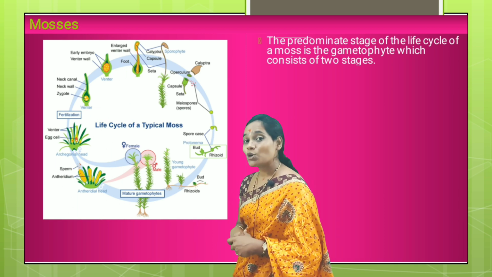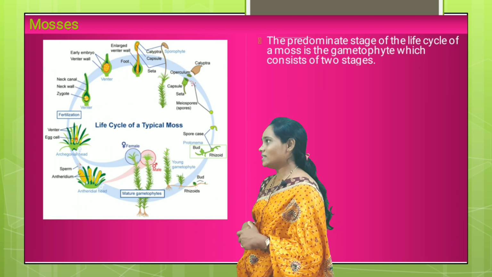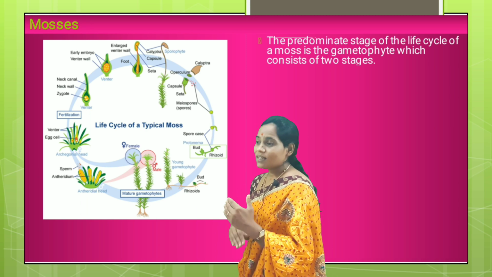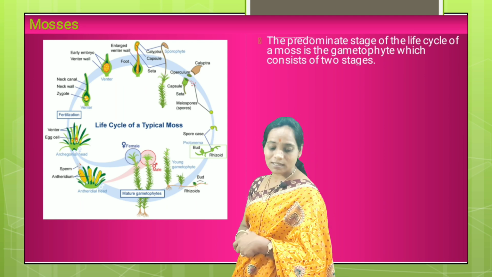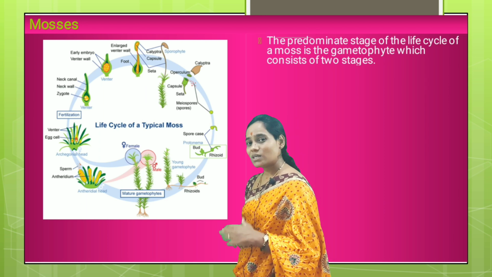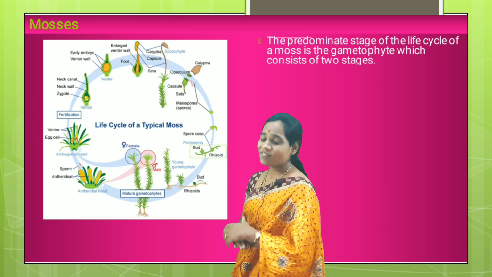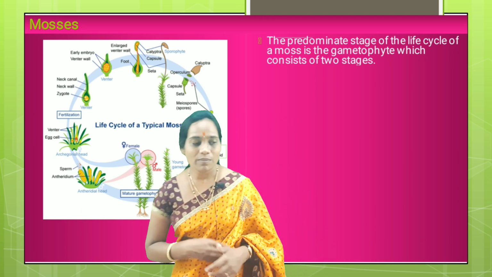One is the protonema and the second one is the leafy stage. Let us study one by one.